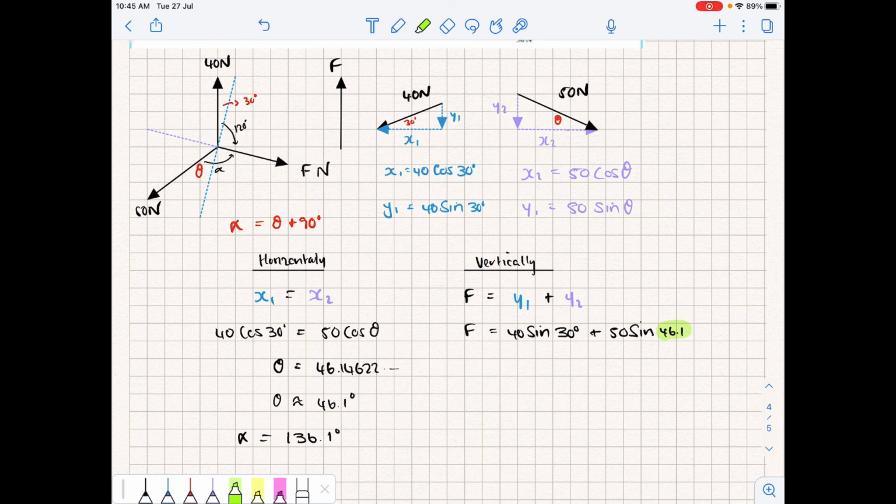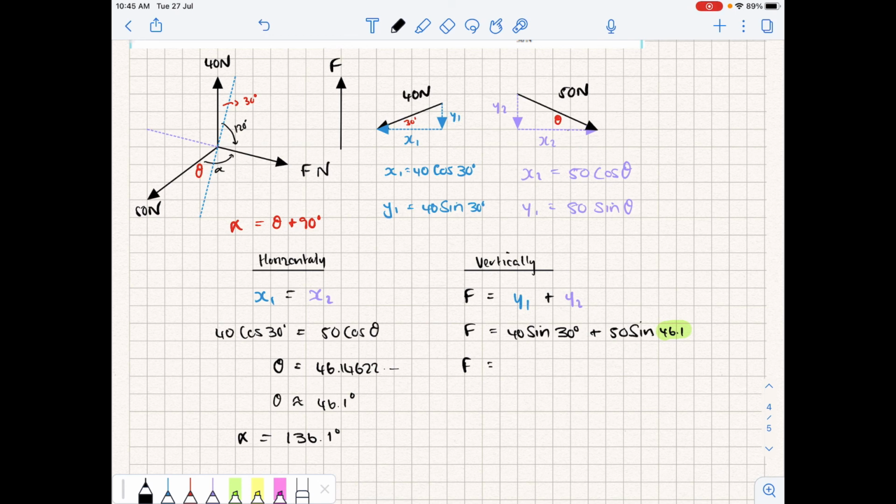Okay. So from here, I'm going to solve for force F. Now I still have my 136.1, all the decimals in my calculator. So in order to calculate theta again, I'm just going to take away 90 degrees. That gives me theta on my calculator.